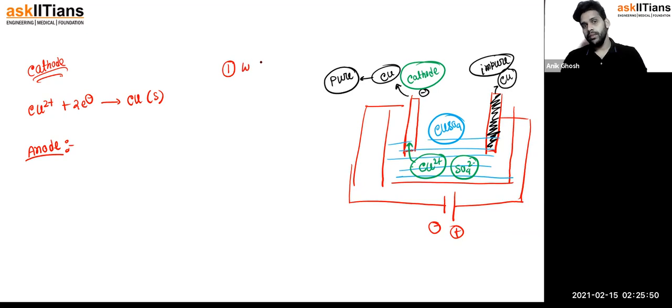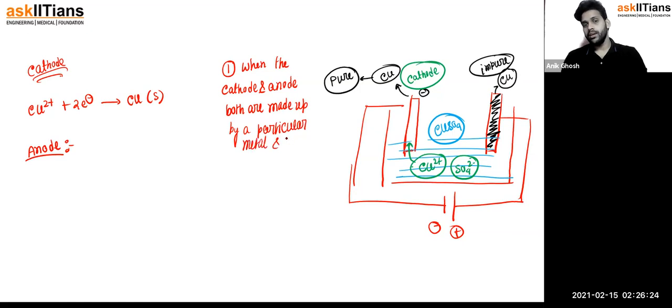Okay, when the cathode and anode both are made up of a particular metal, and the electrolyte taken is a salt of the same metal, then what would happen?